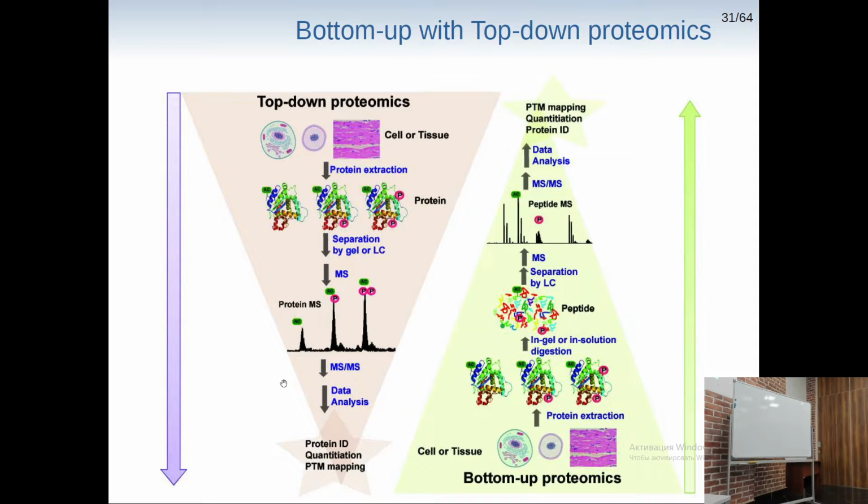And also the coverage of top-down proteomics is not as high. It's comparable to the coverage you will get with 2D gel analysis. Because you need to get a meaningful amount of starting material of your protein of interest before you can do all this kind of analysis.